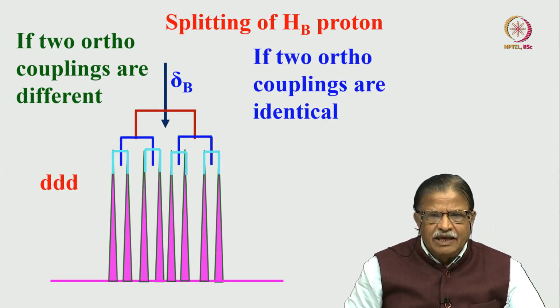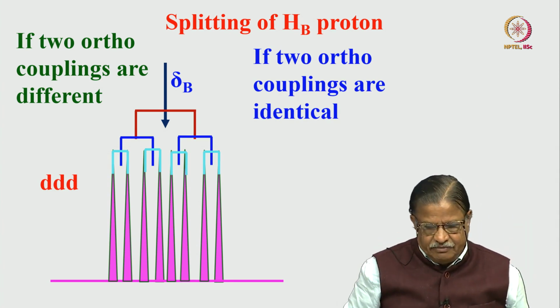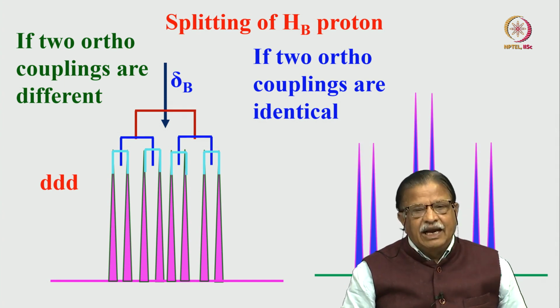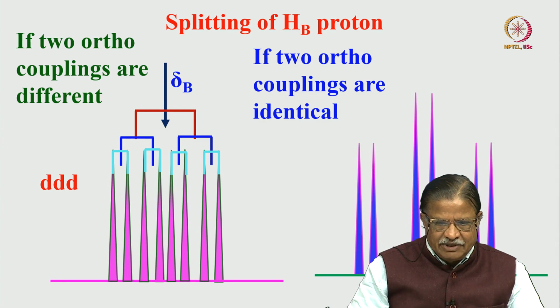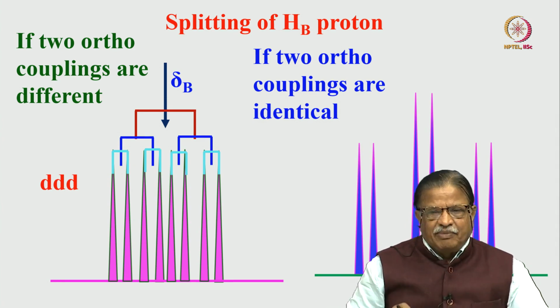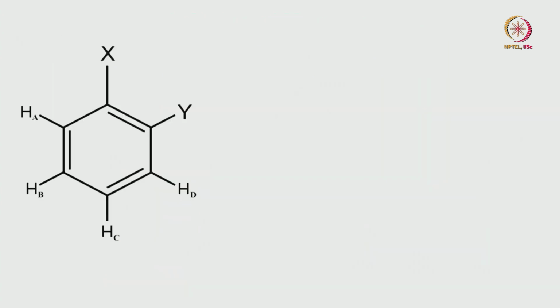Assuming a situation where the two ortho couplings are identical, not different, you are going to get a triplet of doublets. The large triplet comes because the two ortho couplings are equal, and then each line of the triplet is split into a doublet because of another para coupling. It is a triplet of doublets.